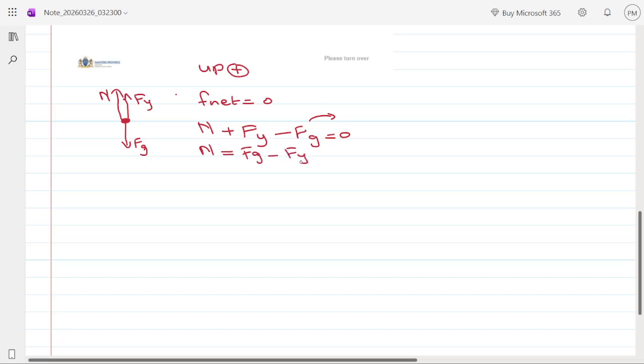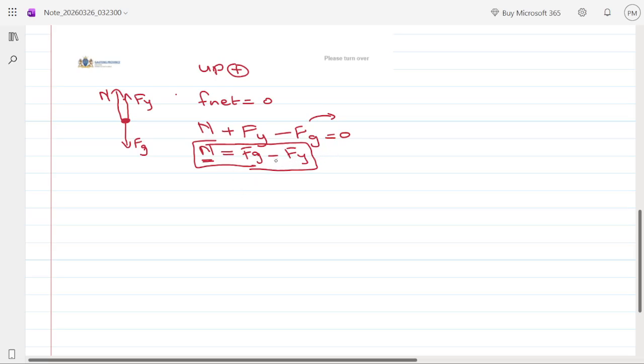So this will be Fg minus Fy. So you can see that if the force is pulled at an angle, this reduces the normal force. So the formula that you need to find the normal force will be Fg minus Fy.